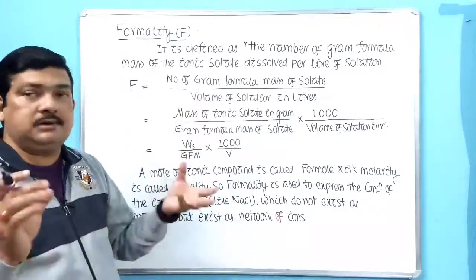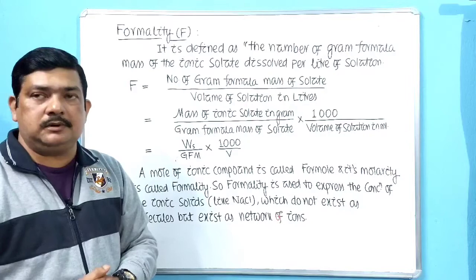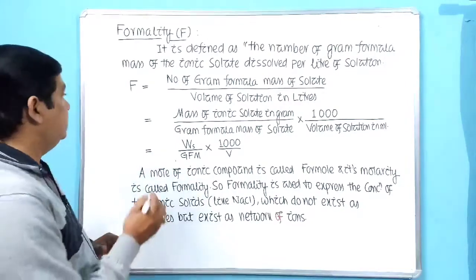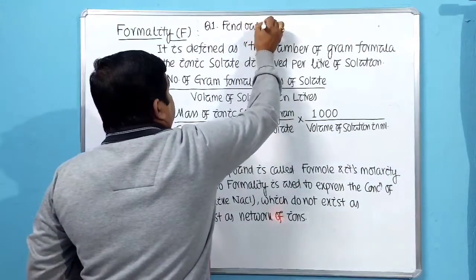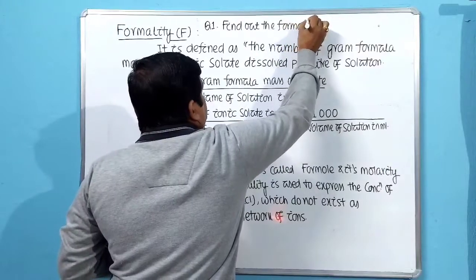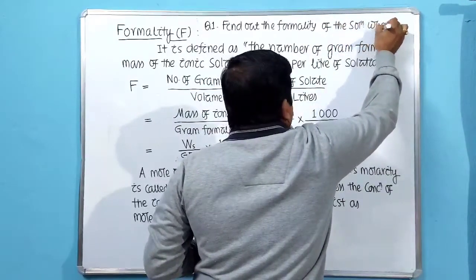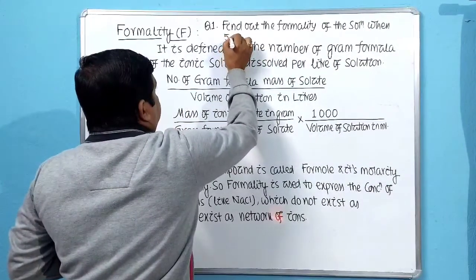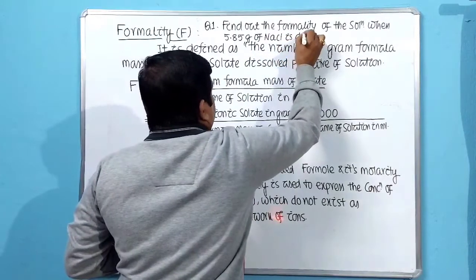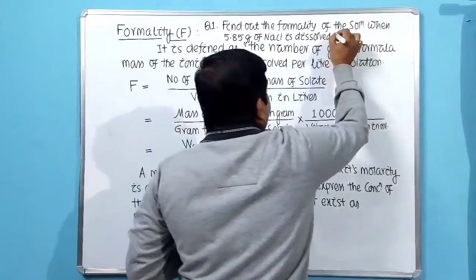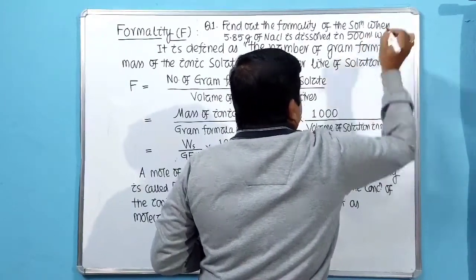For this I am giving you a short assignment. Question 1: Find out the formality of the solution when 5.85 gram of sodium chloride is dissolved in 500 milliliter of solution.